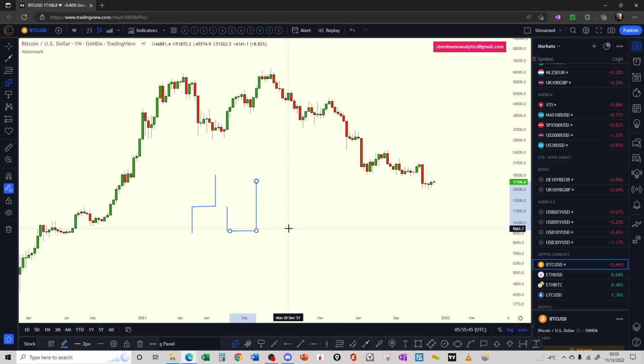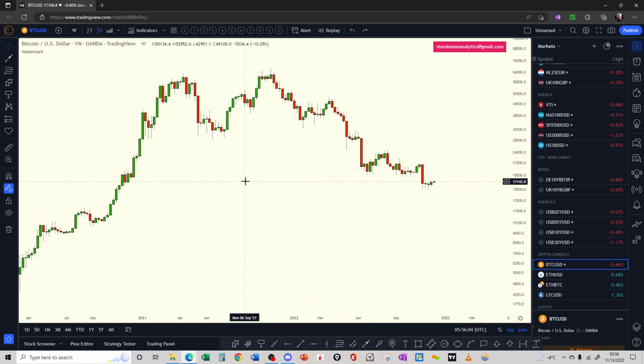Only two types. And for the supply, it's the rally-base-drop and the drop-base-drop. Those are the only four formations of price that you're looking for.